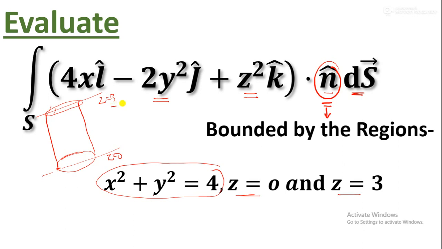As it is a closed volume, a hollow cylinder closed by the z equals 0 and z equals 3 planes with a circular ring of radius r equals 2, I will apply Gauss theorem.